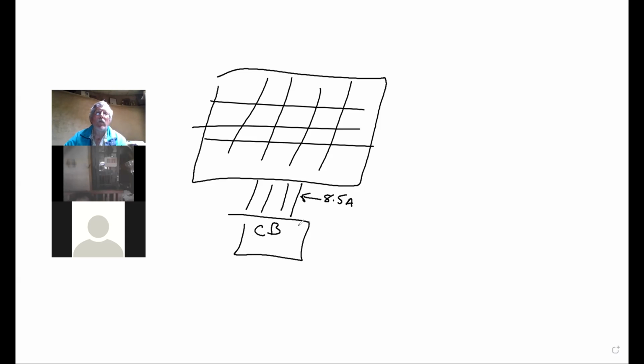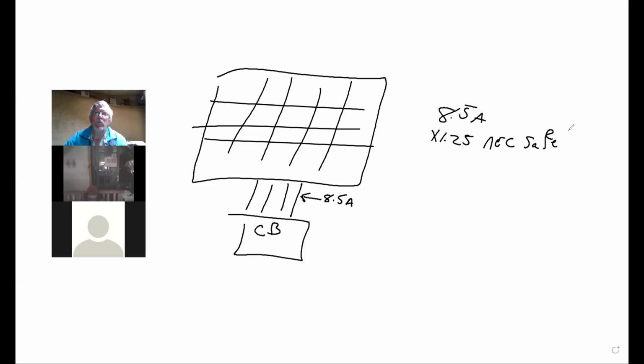Well, I guess what we need to do first, just to make this a little bit easier, is say that the output of the strings is 8.5, but to size the wire, we need to take 8.5 amps times 1.25, which is the NEC safety margin.